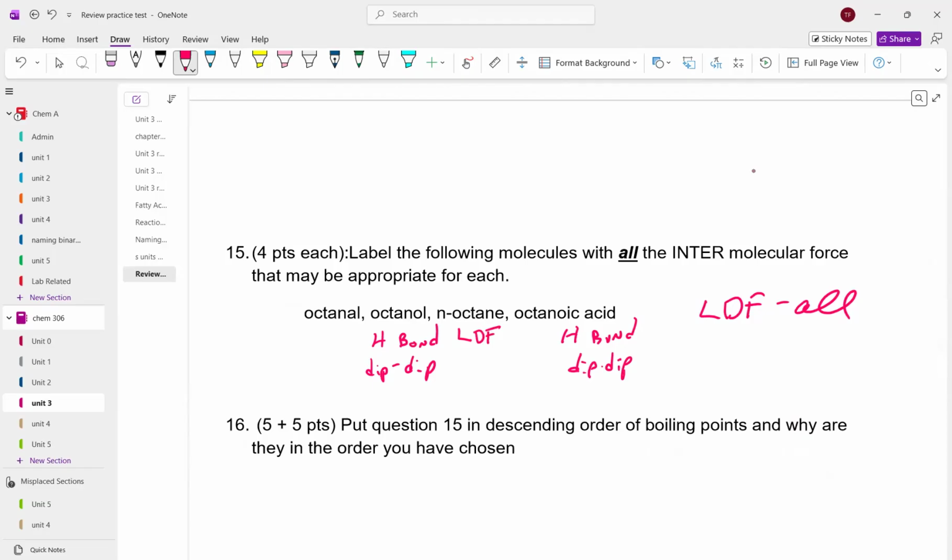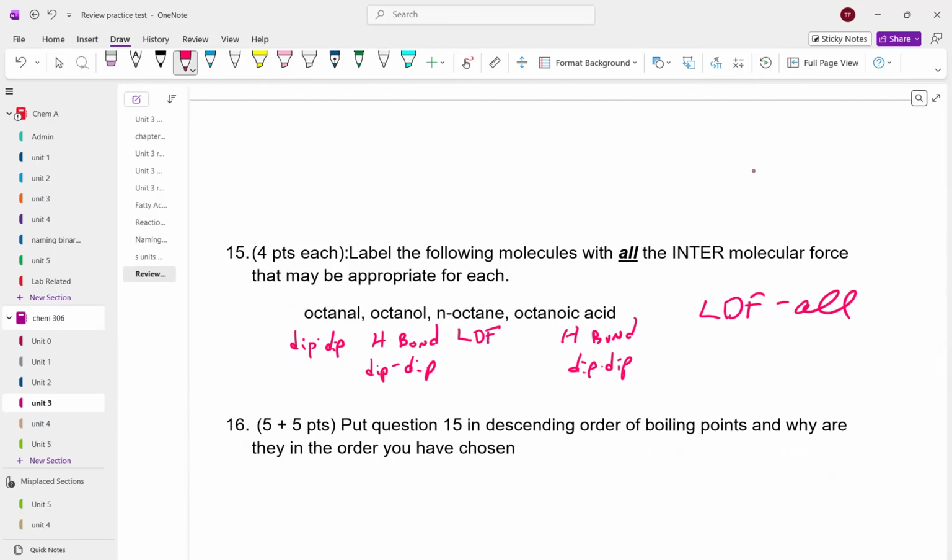And this has got dipole, no hydrogen bonding. So boiling points, the ones with the most hydrogen bonding has the highest boiling point, surface tension, and melting point, all three of those.